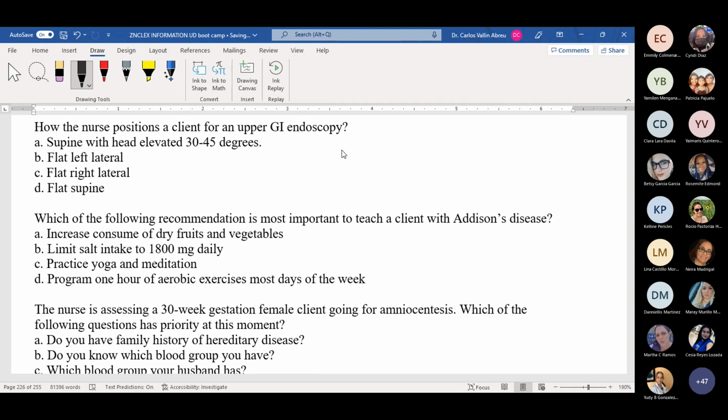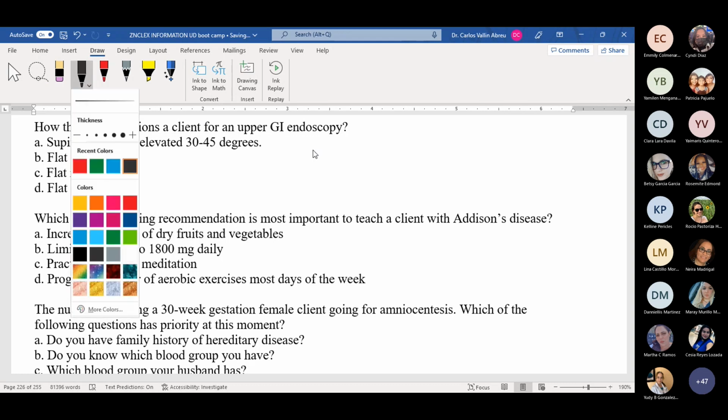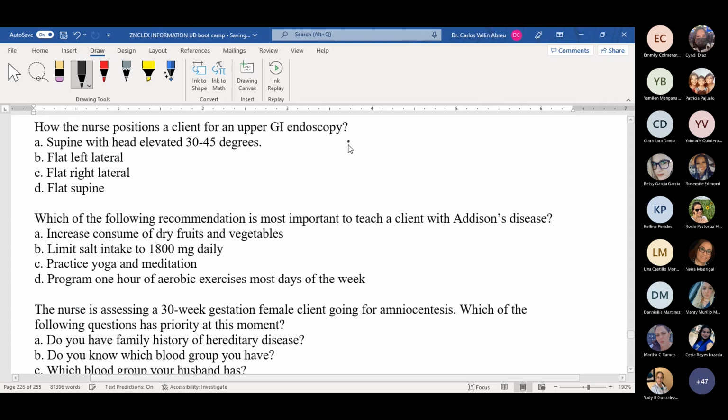Okay, so based on this knowledge, if they ask you in which position you place the client that is going for a paracentesis, and you say sitting position, in a high Fowler's position, exactly, as high as tolerated, because the patient is in respiratory distress.